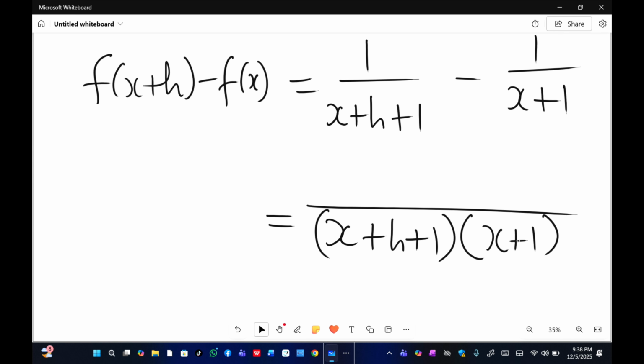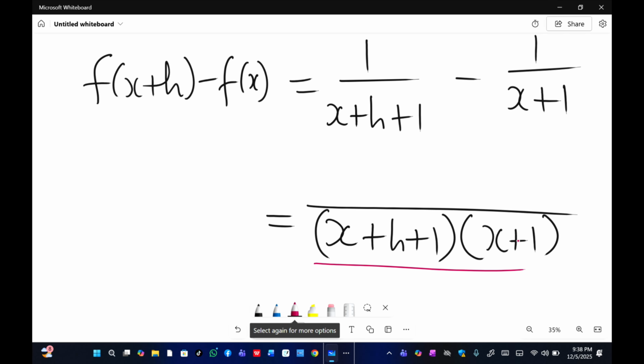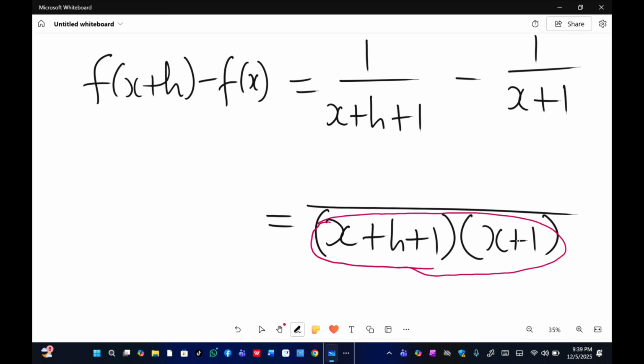So that's the first fraction. When you divide this denominator by the denominator of the first fraction, you'll be getting a result of x plus 1, and that's why we multiply the 1, which is the numerator of the first fraction, by x plus 1 in brackets.